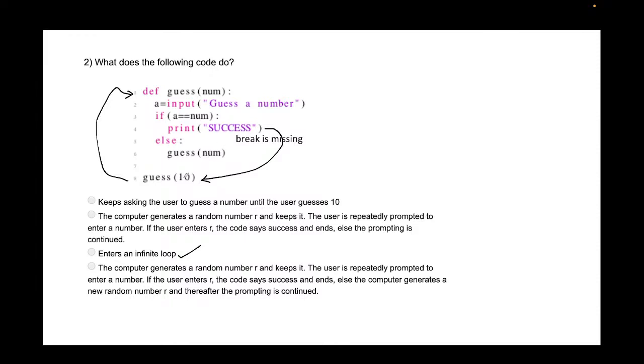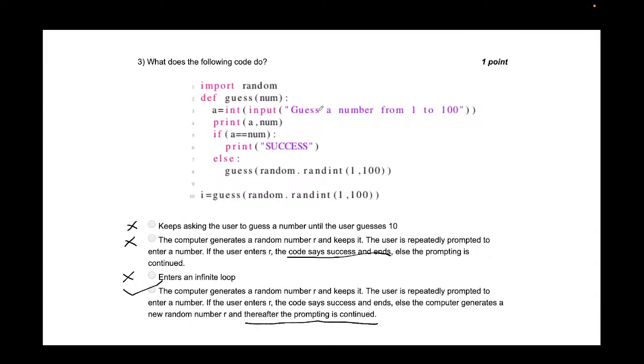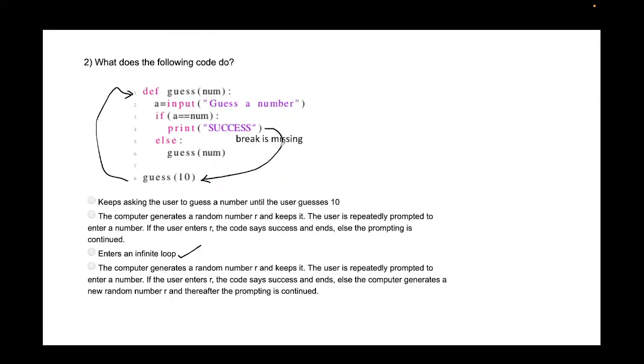It will always keep printing success, and success will be printed infinitely many times. Over here it is prompting us every time, and there is a random number generation every time, so we cannot say that it is always a success. But if we guess 10 once in the previous question, it will just print success once, not infinitely.